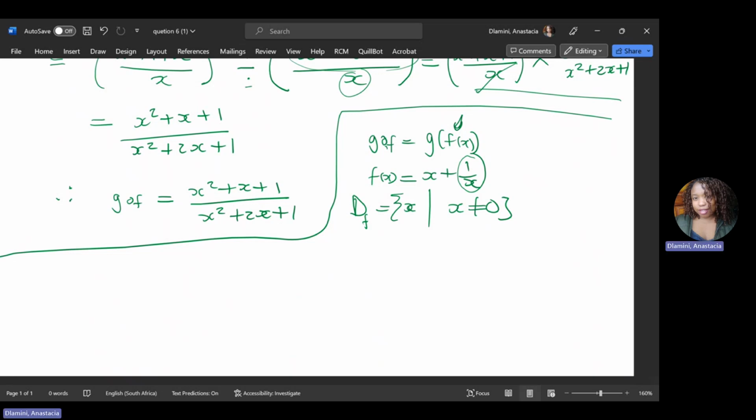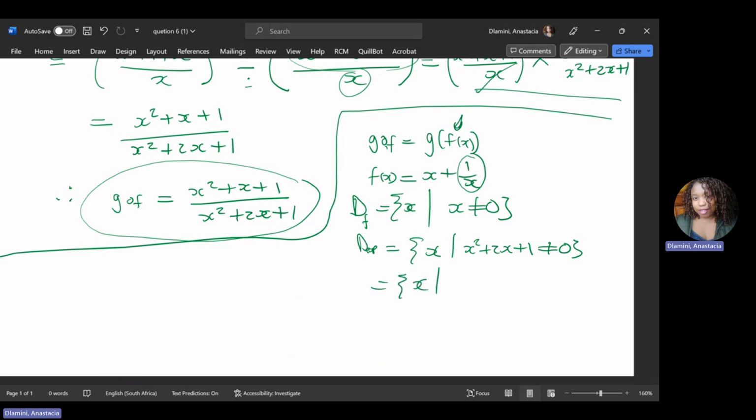So now let's find the domain of the expression. So the domain, let's write exp just to write expression, right? So the domain of the expression of the composite function, which is this one over here, is x an element of real numbers such that x squared plus 2x plus 1 is not equal to 0. So let's factorize that.